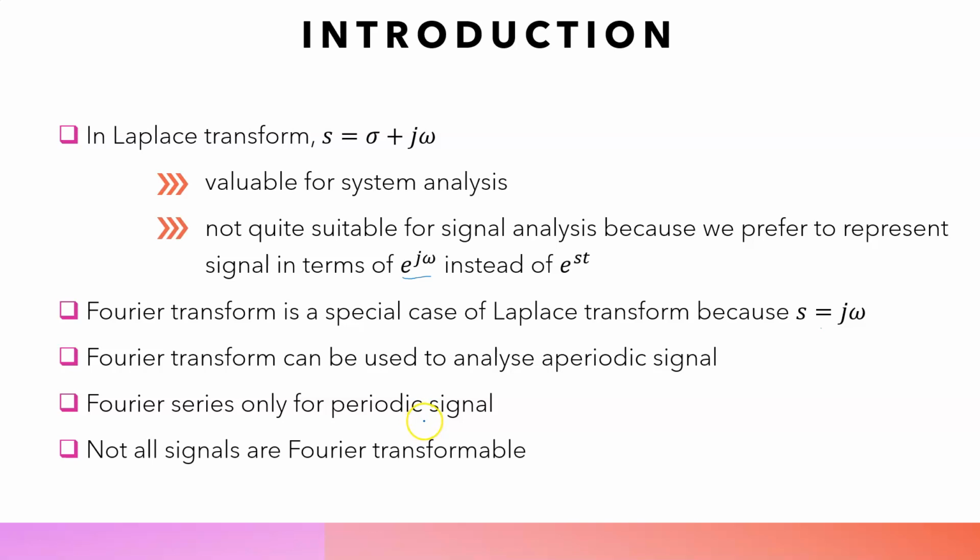However, one thing that you want to take note of is that not all signals are Fourier transformable. If you read the textbook, the B.P. Lathi textbook, there is some explanation on the type of signal that is not Fourier transformable.